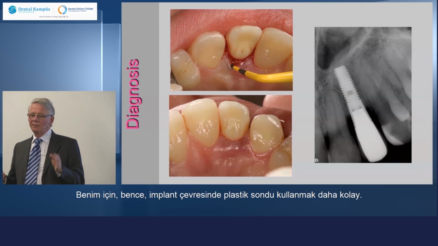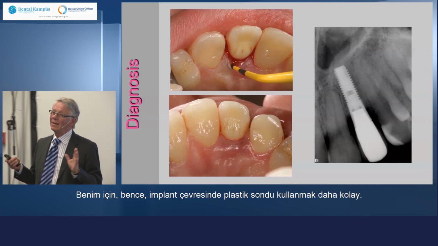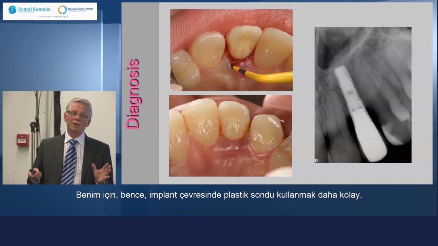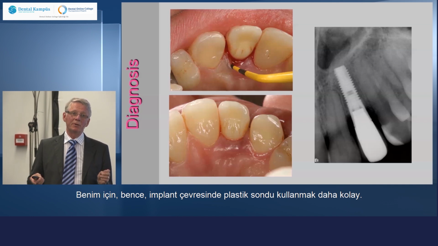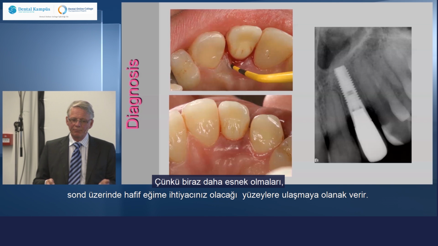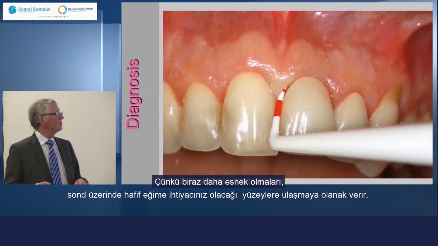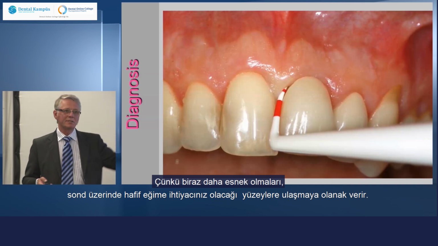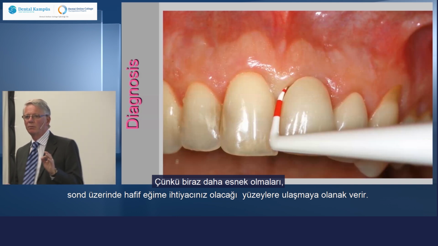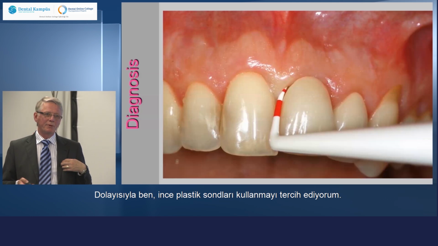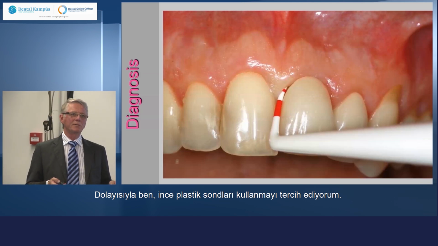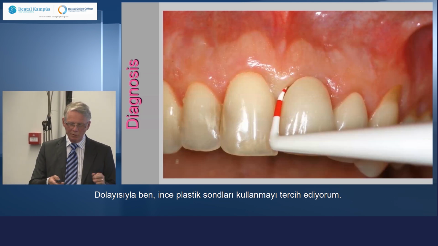For me, I think it's easier to use the plastic probes around implants because they are a little bit flexible, so it is possible for us even to reach areas where you need some curve on the probe. So for me, I prefer to use the plastic probes and thin plastic probes.